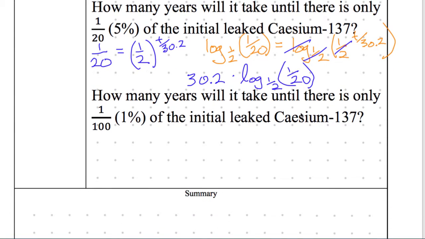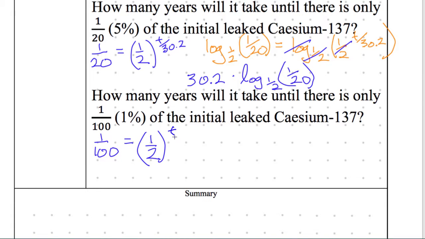So now I'm going to do the same problem, but skipping some steps. Can I set it up? Go for it. 1/100 equals 1/2, same thing, because that's the half-life. The only thing that changed was the thing up front.